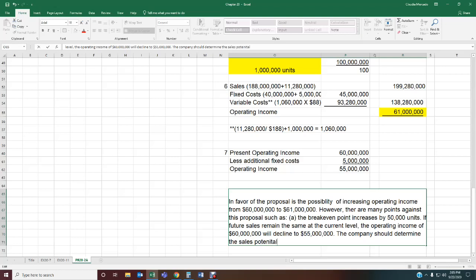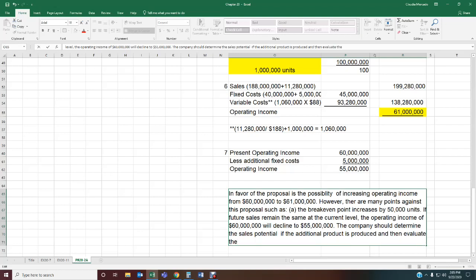The other thing is, is the market good enough to be able to increase our sales? The company should determine the sales potential if the additional product is produced, and then evaluate the advantages and the disadvantages.